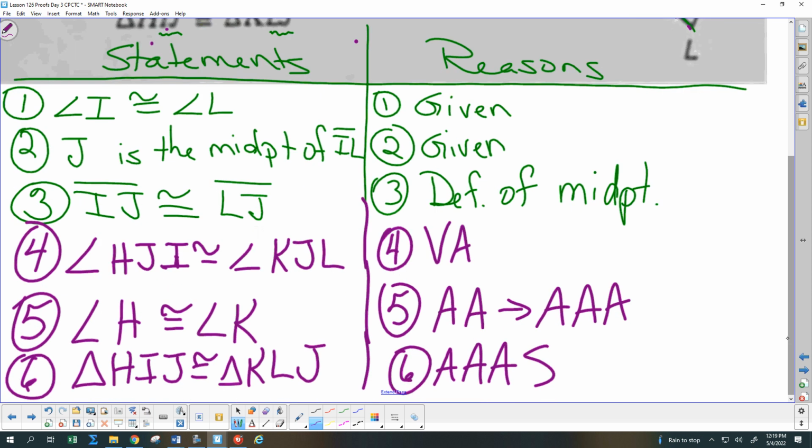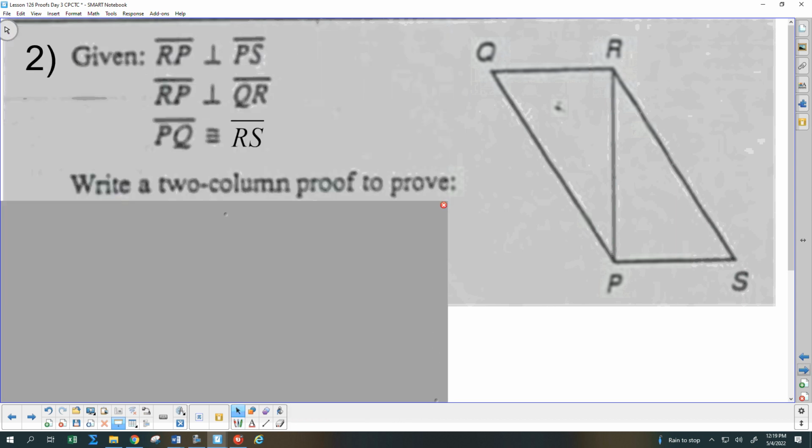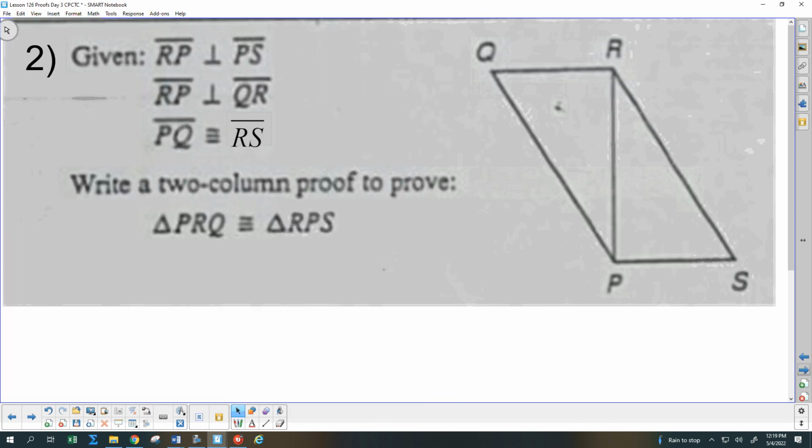Okay, let's do a second one. So copy this picture. And we're going to get to work with some perpendicular things in this one. So copy your picture, and then we'll get our T-table started for our statements and our reasons.